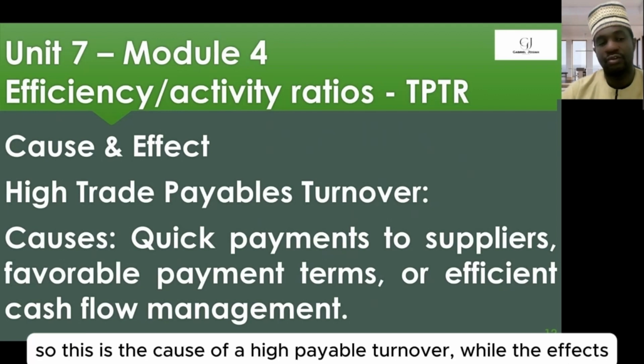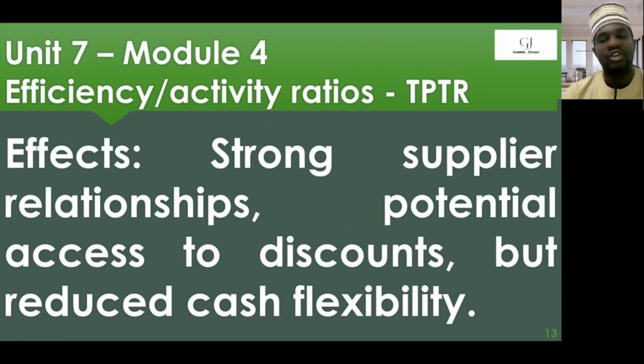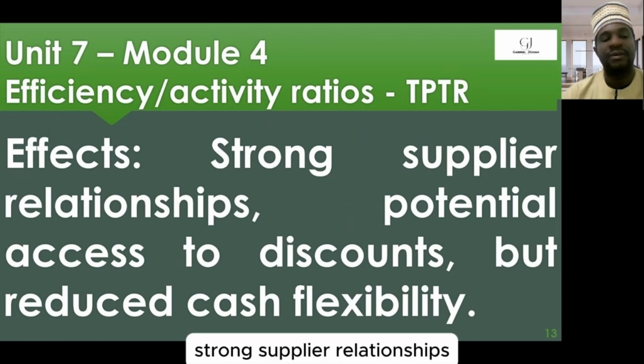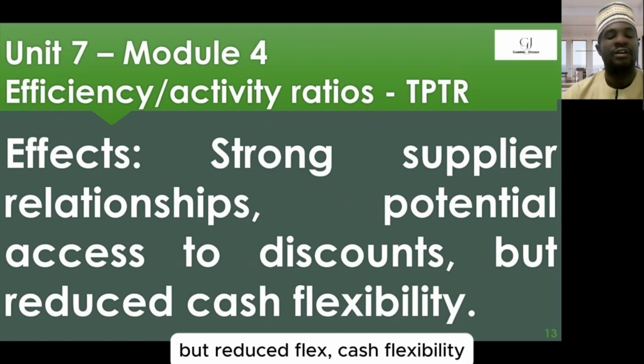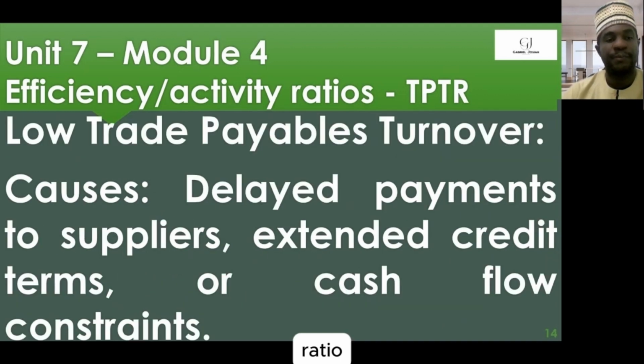So this is the cause of a high trade payable turnover. While the effects are strong supplier relationships, potential access to discounts, but reduced cash flexibility. So these are the effects of a high trade payables turnover ratio.